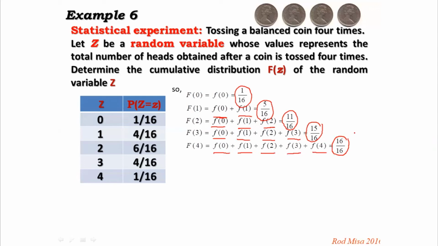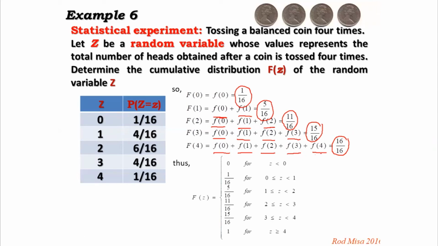So constructing our cumulative distribution function big F of z, we have the probability of 0 when z is below 0. Since there is no value below 0 here, that is why the probability is 0. But when z is from 0 to a number below 1, the probability is 1 over 16, as we have seen in our big F of 0.